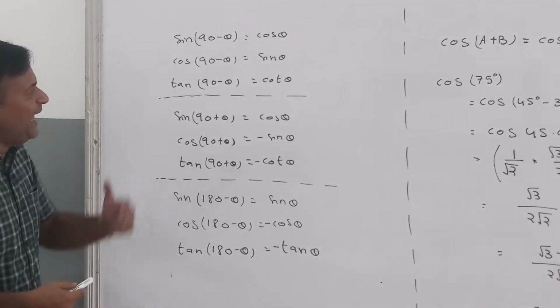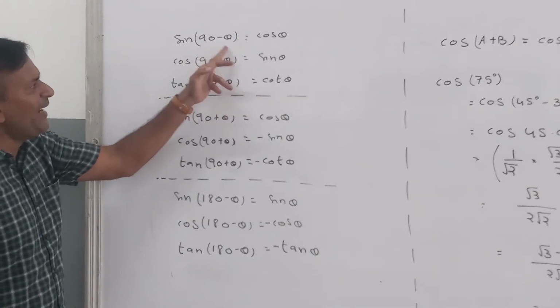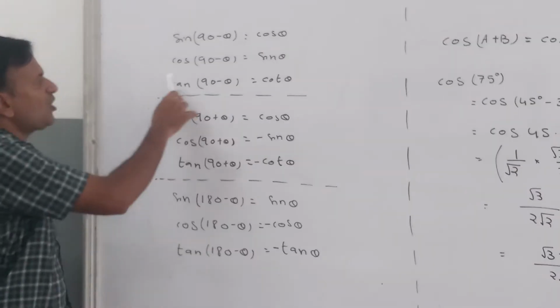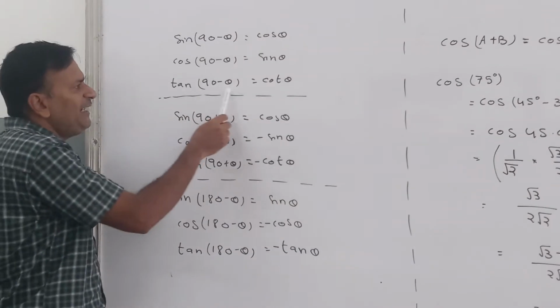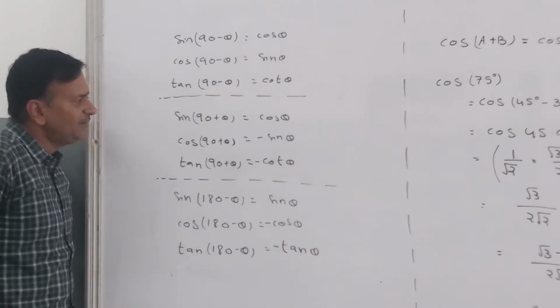These are a few formulas: sin(90 minus theta) equals cos theta, cos(90 minus theta) equals sin theta, tan(90 minus theta) equals cot theta.